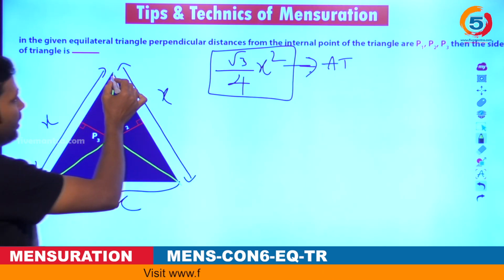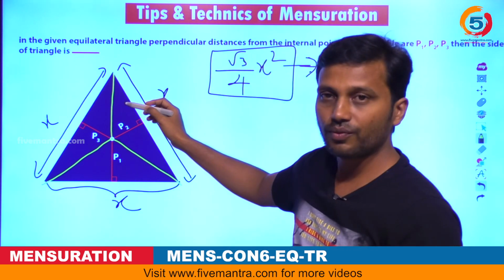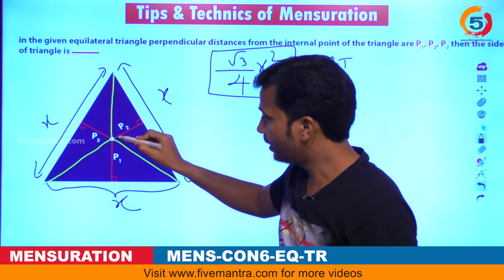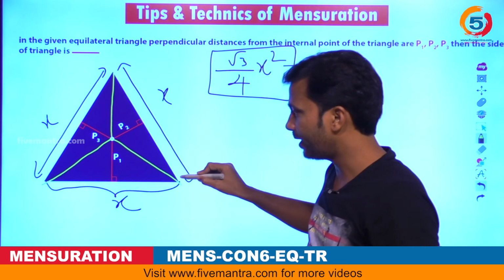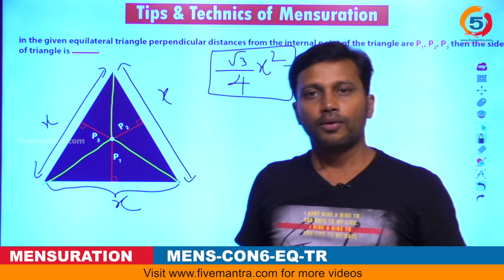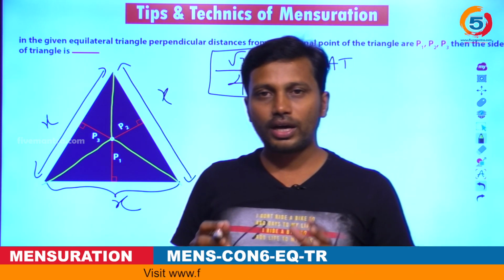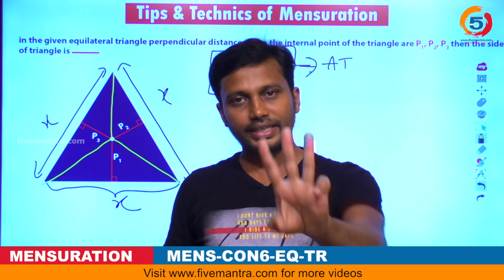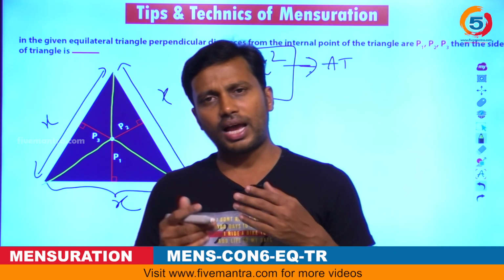See here, this one is one triangle, and this one is another triangle, and this is the third triangle. So by using these yellow colored lines, how many triangles are separated? Three triangles, right?